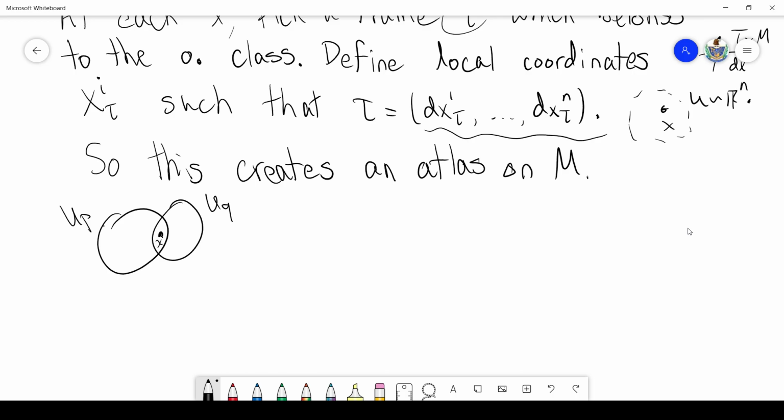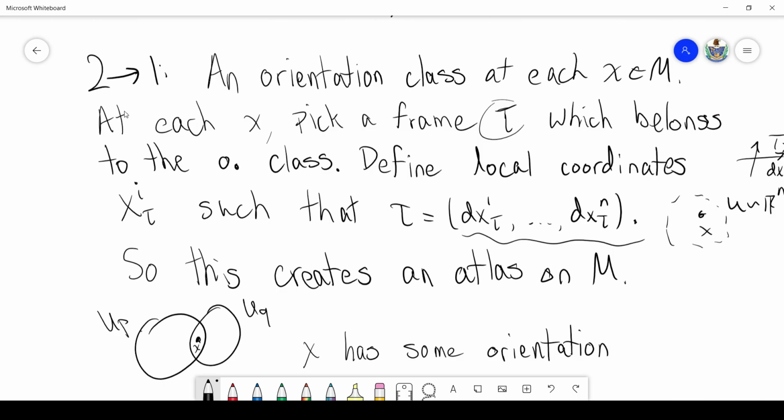But on this overlap, we know that x has some orientation class, right? That's what we're starting with. That was our assumption, that at every point we have some orientation class.